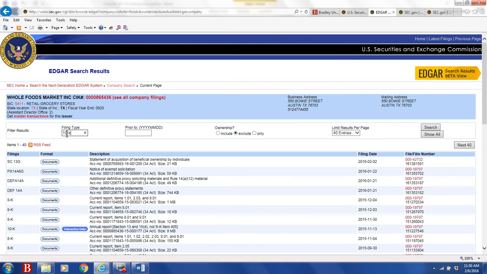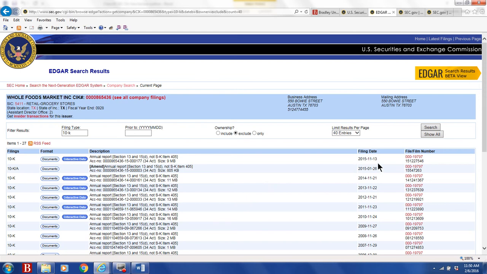If I search for their 10K, it appears here on the screen, and we can see that it was filed on November 13th, 2015. On the top of the page here, we can see that Whole Foods has a September 28th year end, so it took a little bit less than 2 months for Whole Foods to file its 10K.